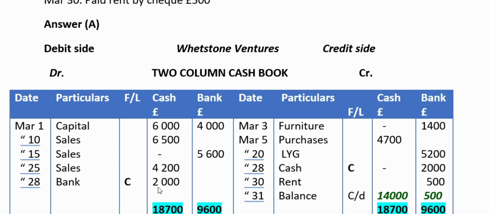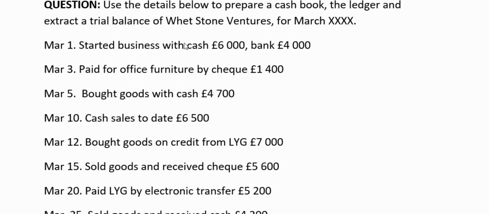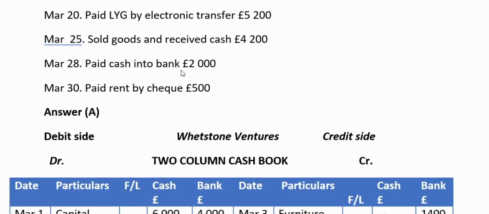Since the money is not going out of the business, it is recorded on both sides. It is called a contra entry because the two sides cancel each other. This particular transaction is also posted to the ledger, which will be explained later as we move forward.